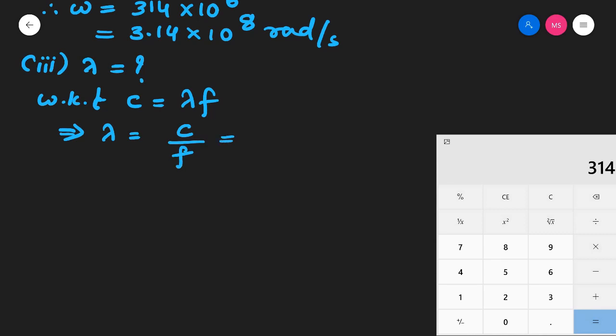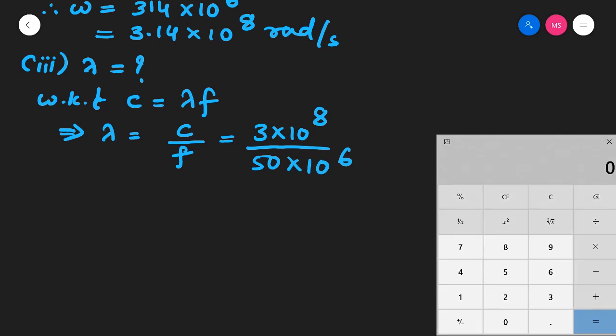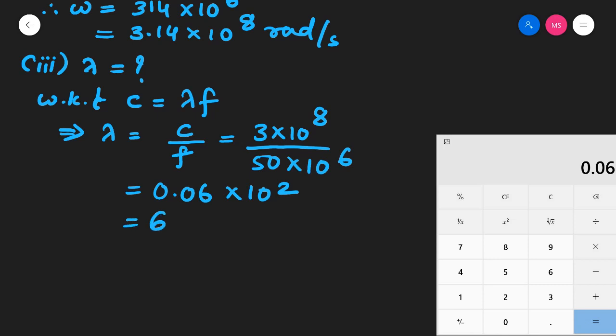Speed of light c is 3 into 10 to the power 8 over frequency is given as 50 megahertz, so 50 into 10 to the power 6. So 3 divided by 50 will give us 0.06. So this is 0.06 into 10 to the power 2 meter, or you can say that wavelength is 6 meter.